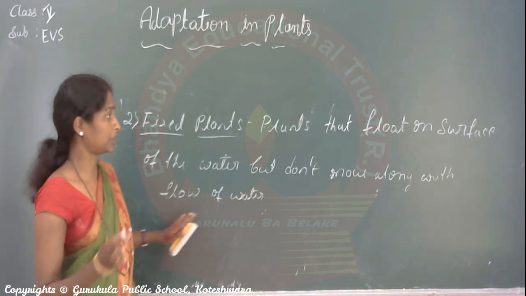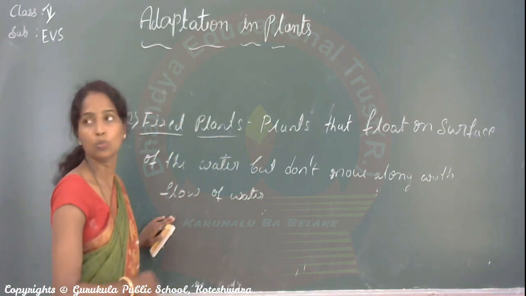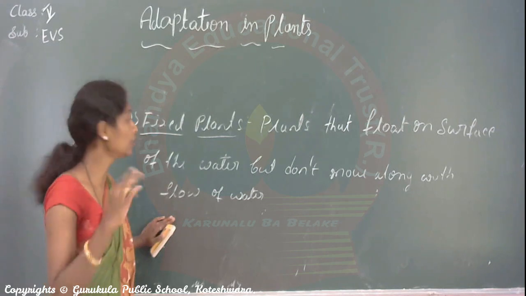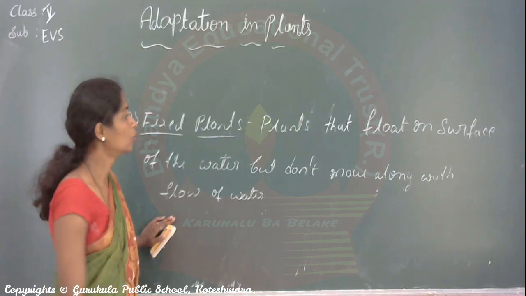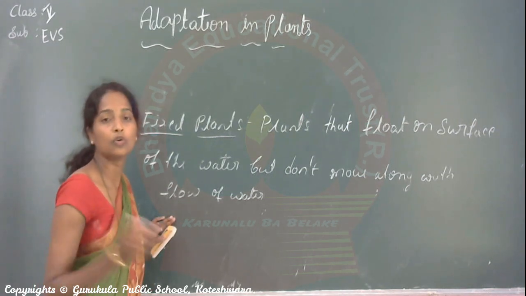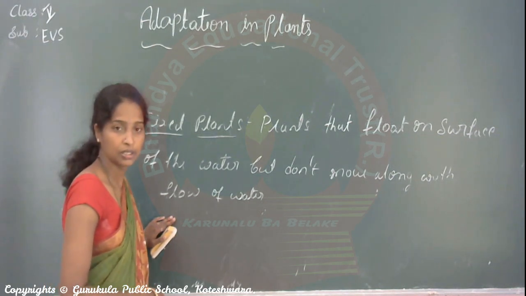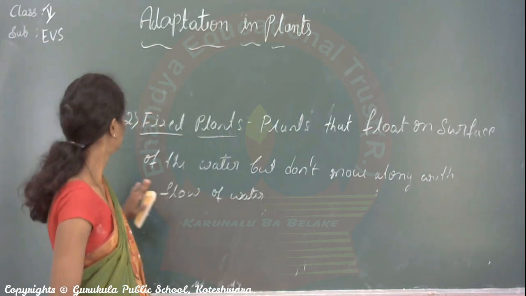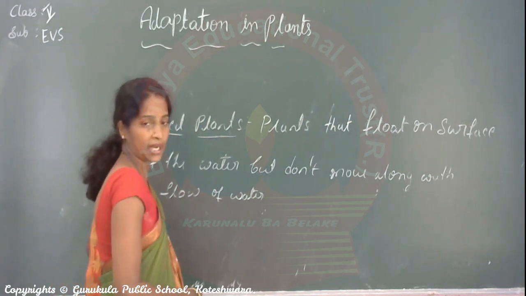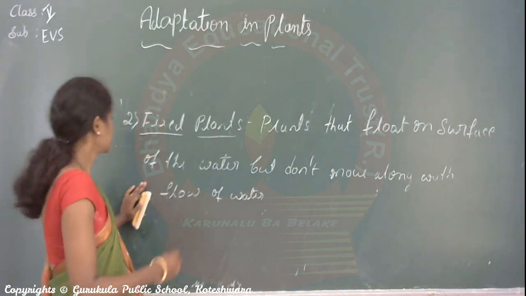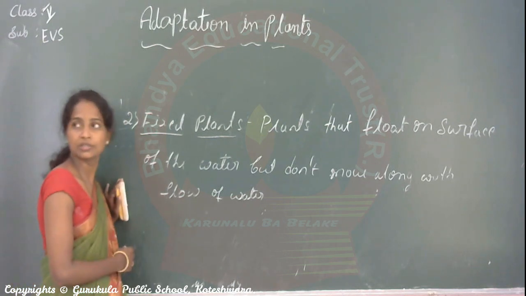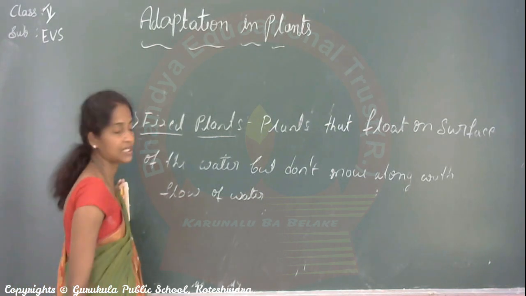It can float, but it cannot move. It does not move along with the flow of water. Why? Because it is fixed. This is the fixed plant. What are the features the fixed plant has?